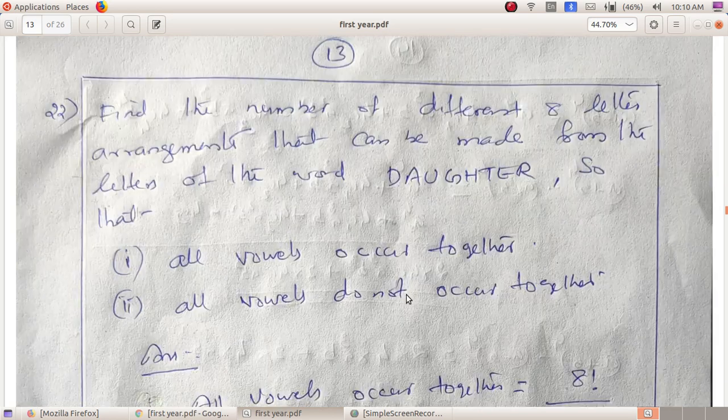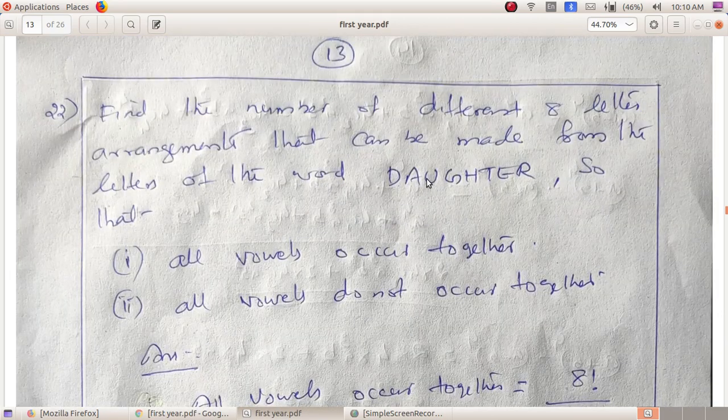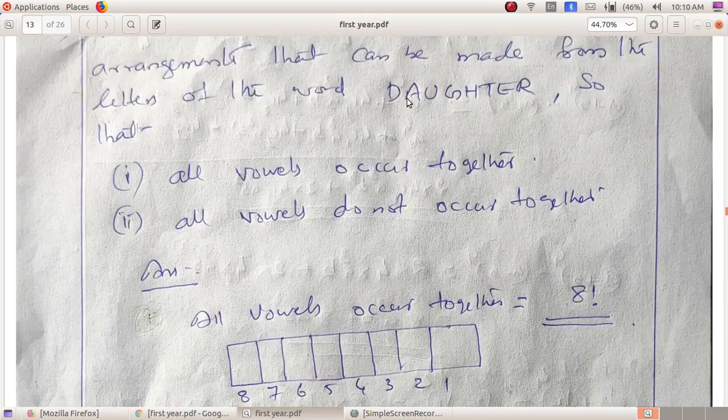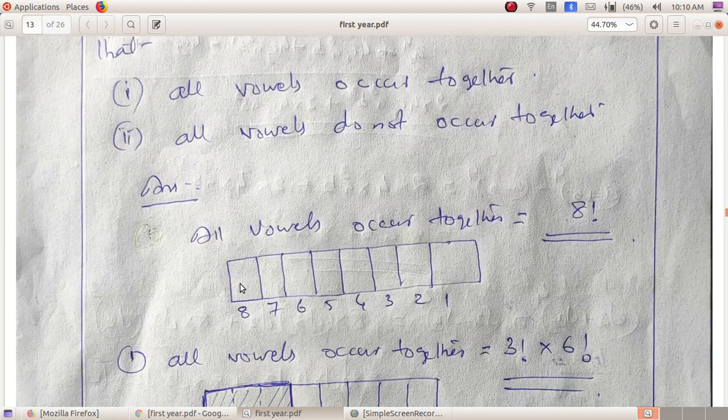All vowels occur together. Firstly we are taking different columns for these letters. How many letters? 1, 2, 3, 4, 5, 6, 7, 8. In this first column, any of these 8 letters can be written here, 8.